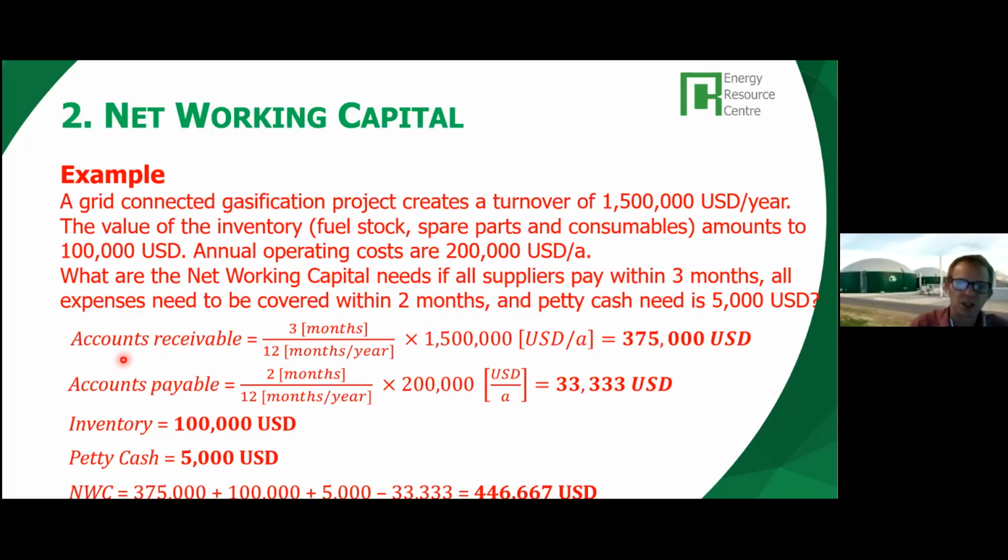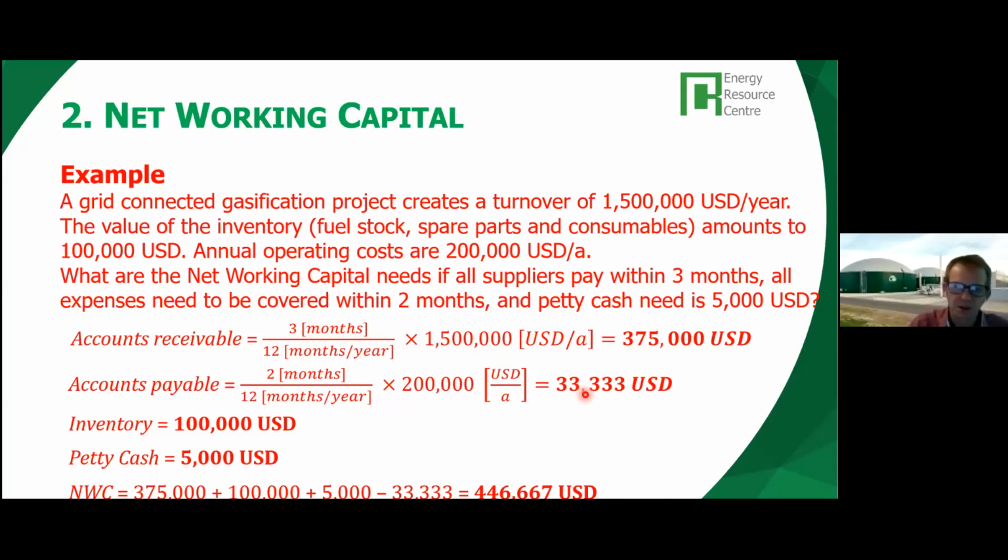You can calculate accounts receivable as 3 months divided by 12 months per year, multiplied by $1.5 million, which is $375,000. Your accounts payable, to be settled within 2 months, is 2 over 12 months per year, multiplied by the operating cost of $200,000 per year.